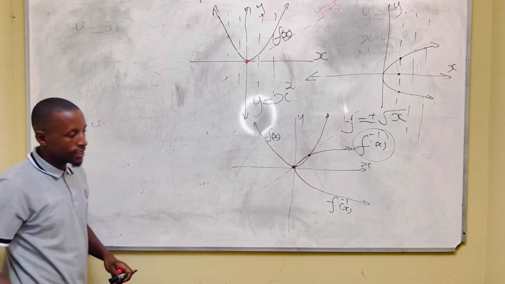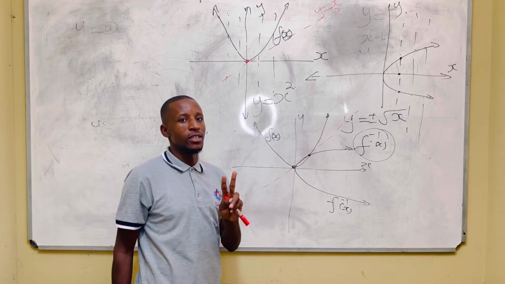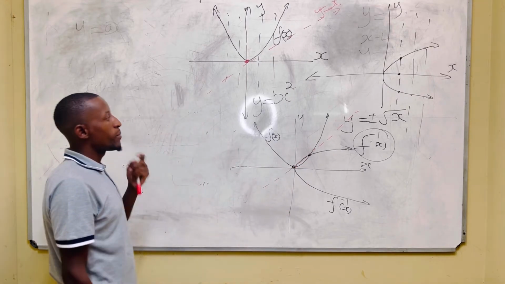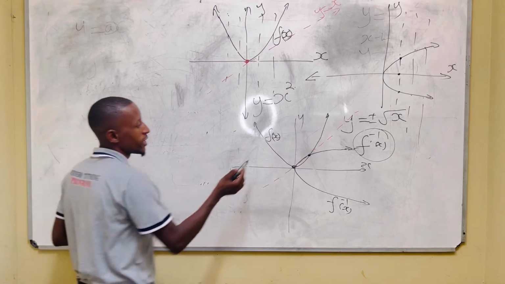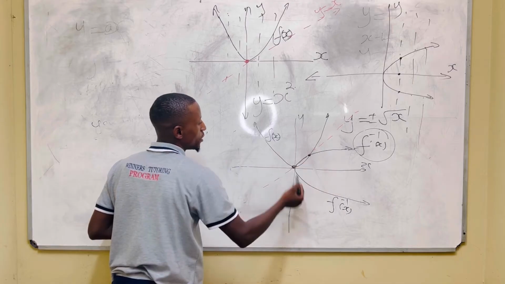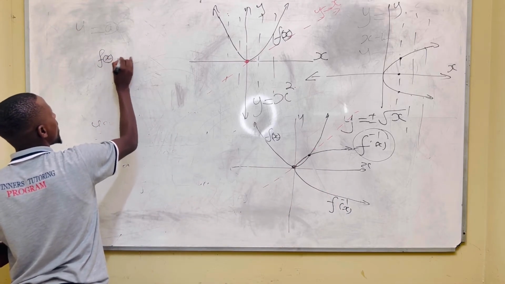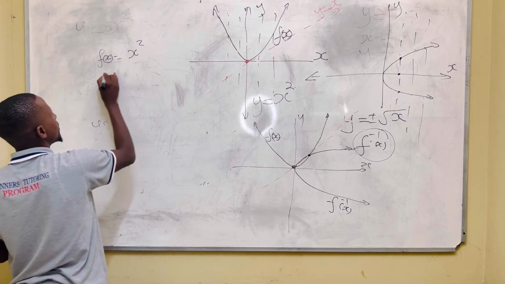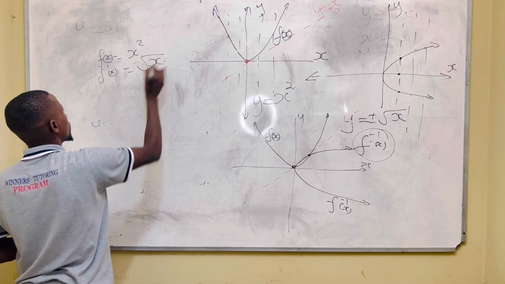They are intersecting here and there, so we must have two x values. Remember, for a point of intersection, you must equate the graphs. So f of x was given by x squared. Its inverse is given by root of x.